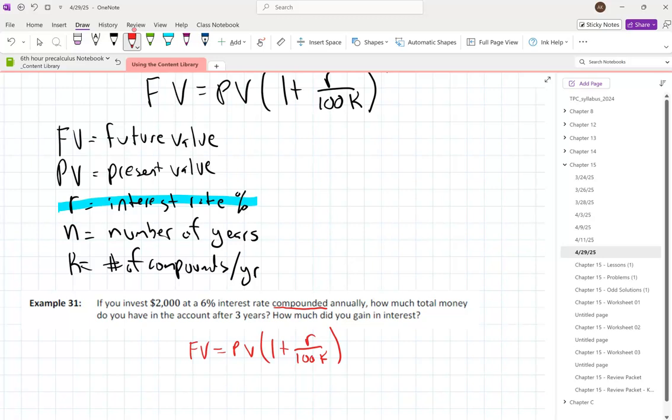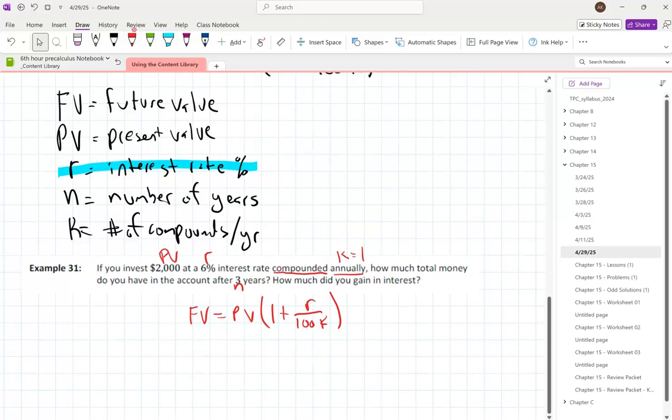How much total money do you have in the account after 3 years? And then how much did you gain in interest? Again, I see a present value, an interest rate, and an N. Annually, well, that's just K equals 1. So this is ostensibly the same problem as last time, but this time we're doing compound interest instead of simple.